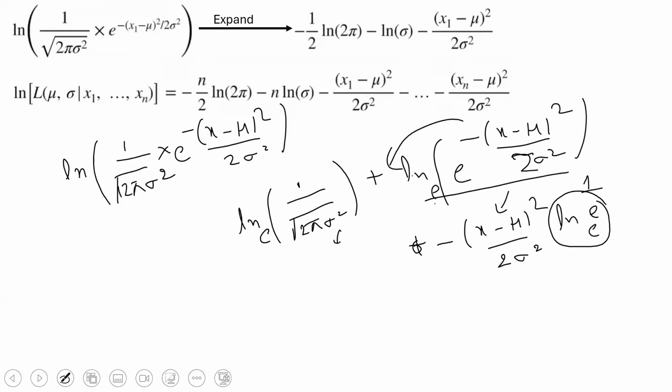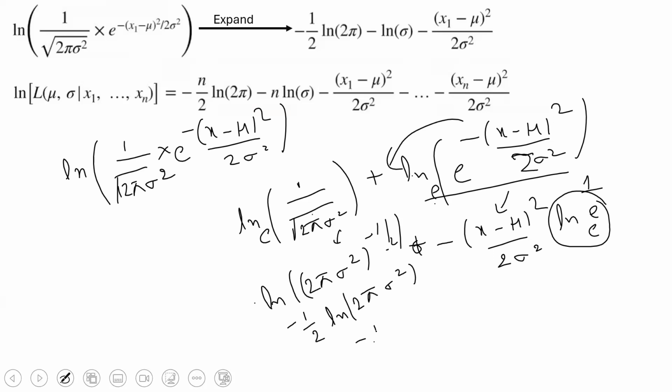Now let's see what happens with the other term. I can make this 2 pi sigma square whole to the power of minus 1 by 2. So the root I'm converting to minus 1 by 2, and this comes forward. So this will be minus 1 by 2 ln of 2 pi sigma square. Again, I'll split this into ln of 2 pi plus ln of sigma square.